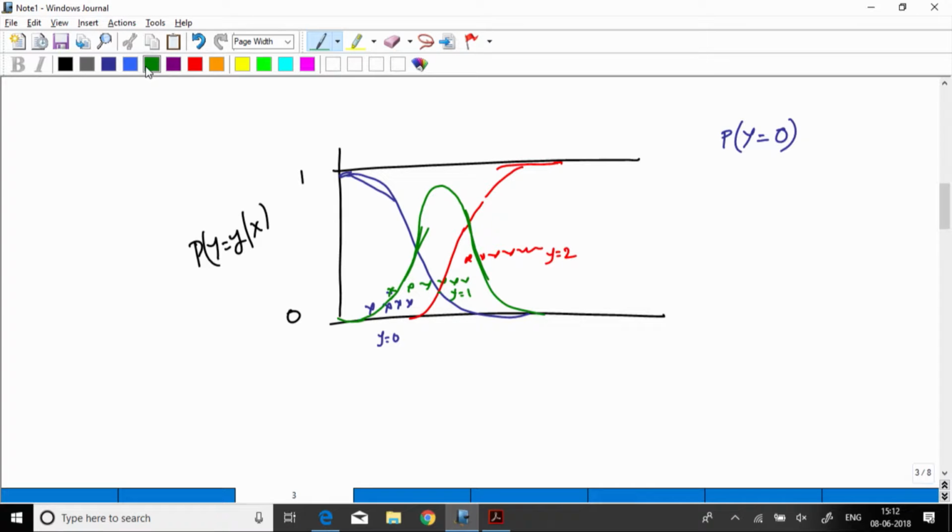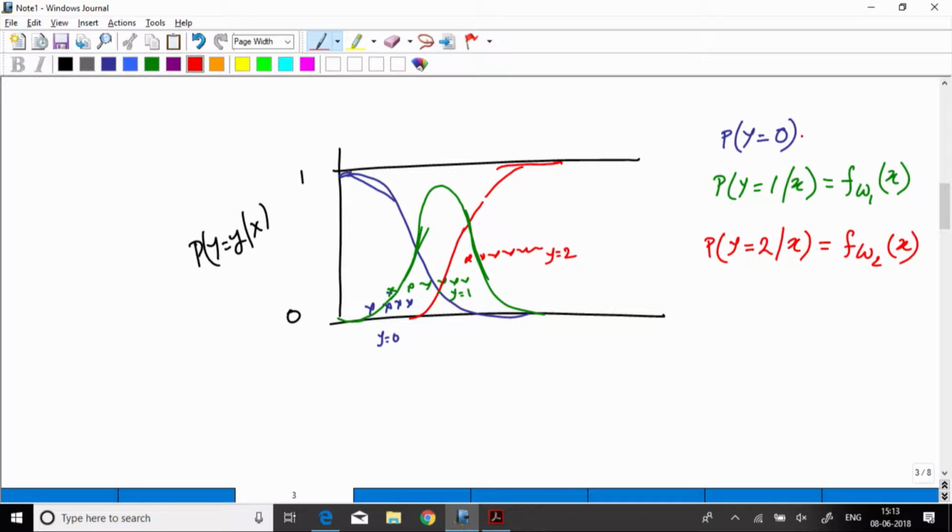For green, the probability of y equal to 1 given x is going to be some function of w_1 of x, and the probability of y equal to 2 given x will be a function of w_2 of x.